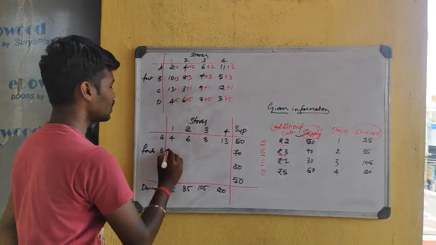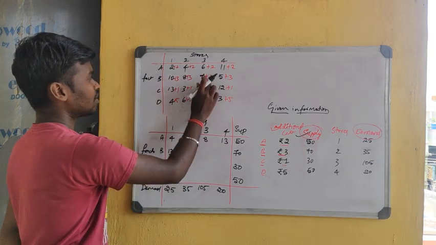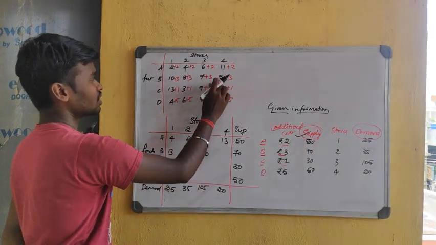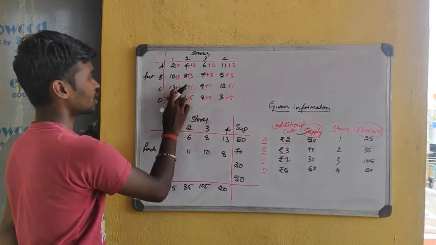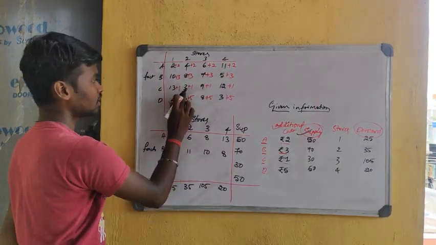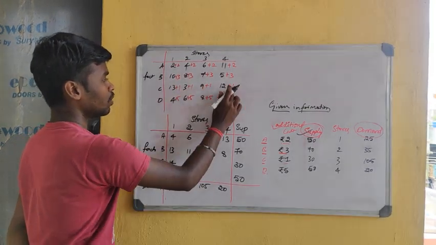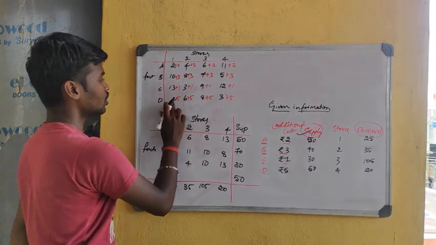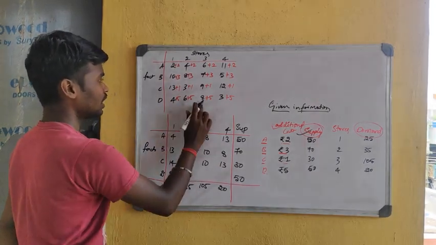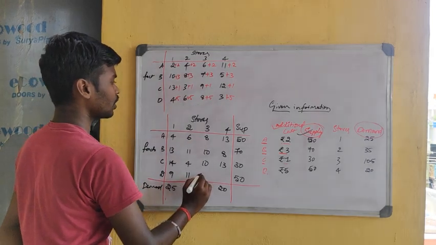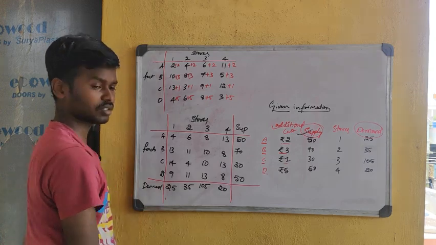So 10 plus 3 is 13, 8 plus 3 is 11, 7 plus 3 is 10, 5 plus 3 is 8, next 13 plus 1 is 14, 3 plus 1 is 4, 9 plus 1 is 10, 12 plus 1 is 13, next 4 plus 5 is 9, 6 plus 5 is 11, 8 plus 5 is 13, 3 plus 5 is 8.